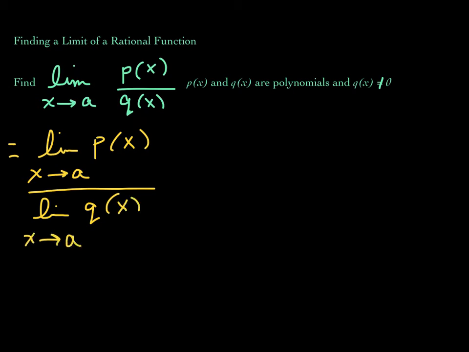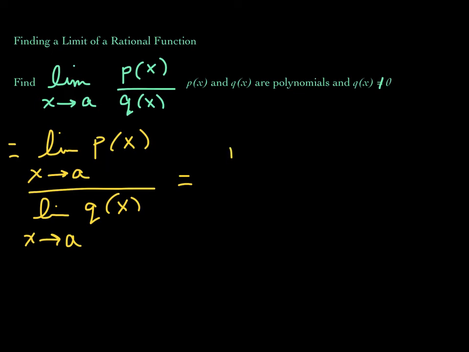Now, this is one of the rules that we talked about in the beginning part of the lesson. This is the quotient rule, right? Now, don't forget that each one of these, p of x and q of x, is a polynomial function. And we just said that whenever you evaluate the limit of a polynomial function, all you got to do is plug that value in to your function.